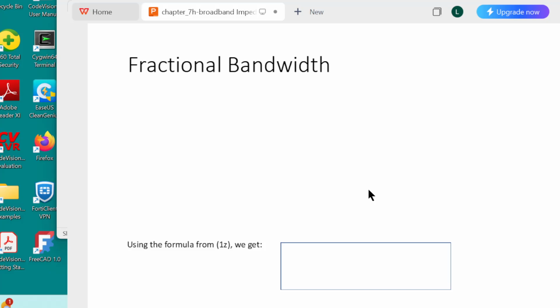Okay, let's introduce another concept, fractional bandwidth. First, beta is equal to beta l, where beta l is 2 pi omega divided by the velocity. This is the formula. At resonance, we know beta is equal to pi over 2.